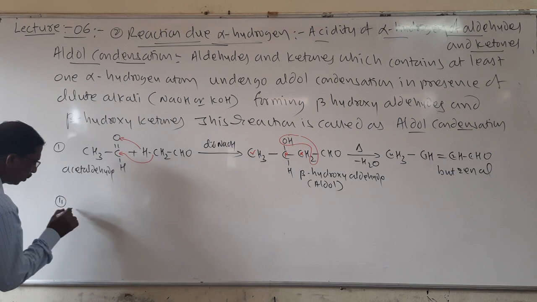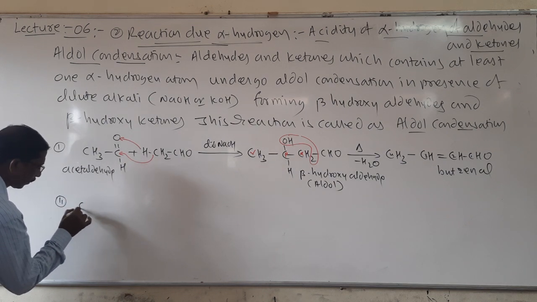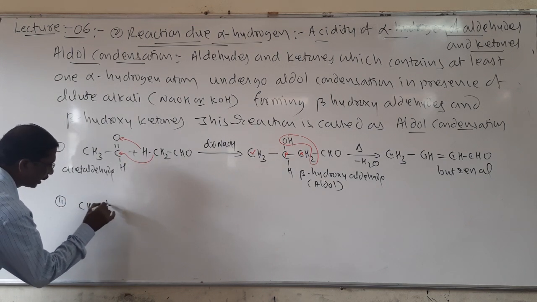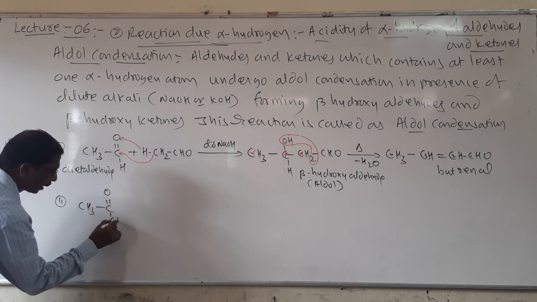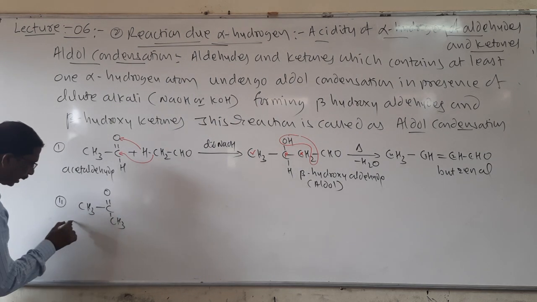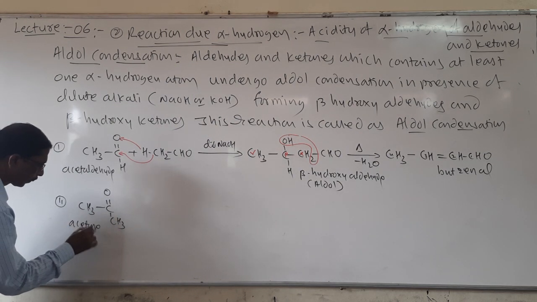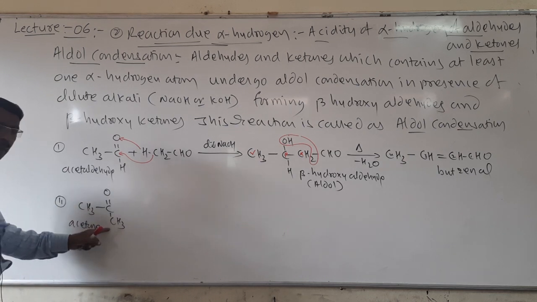So acetone, CH3COCH3. Look here, acetone. It contains 2 alpha carbon atoms.